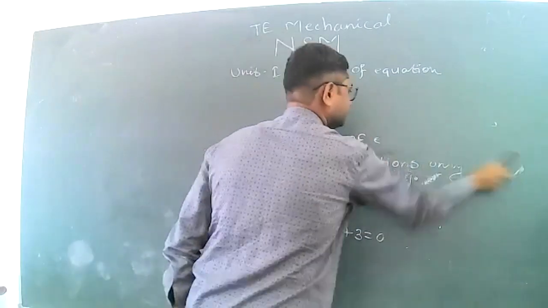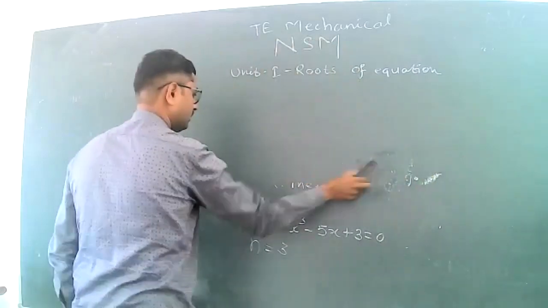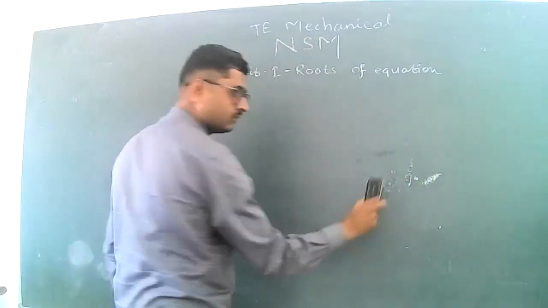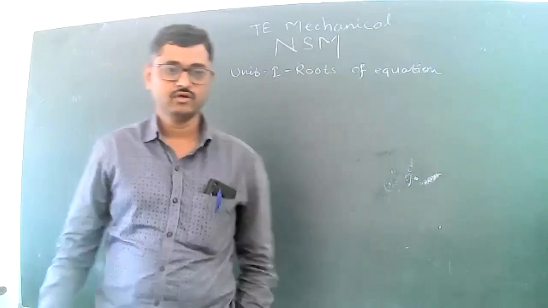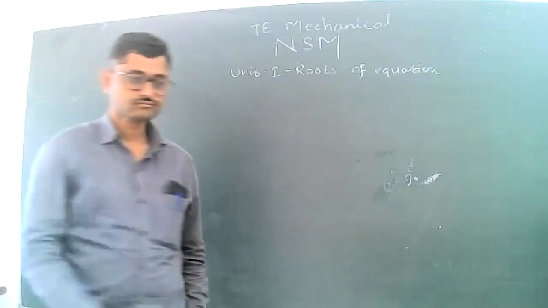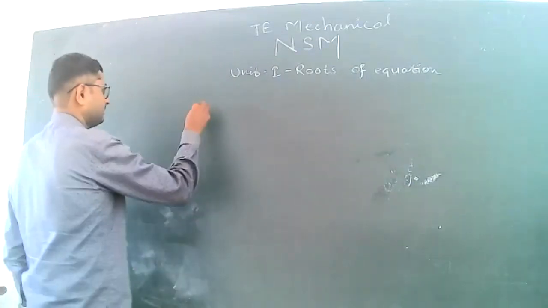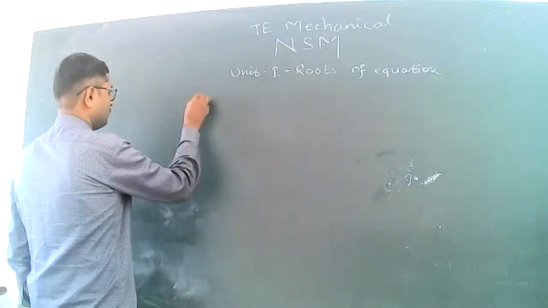So the solution. What is the first step? The first step is to calculate f of x and f dash of x.